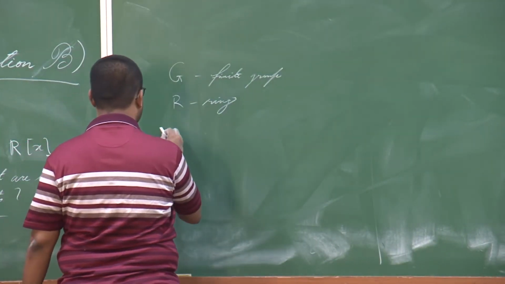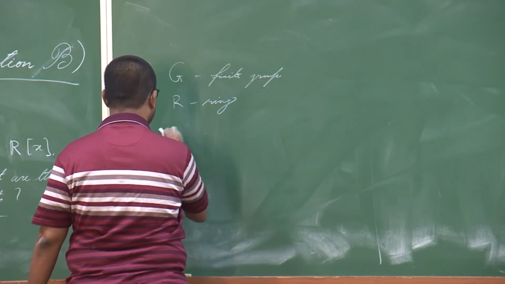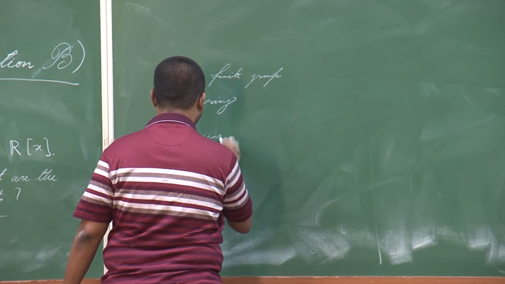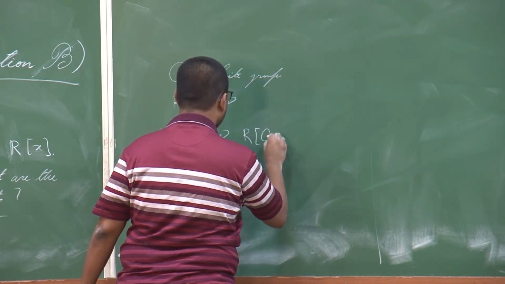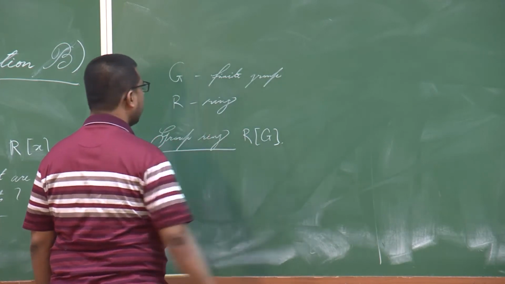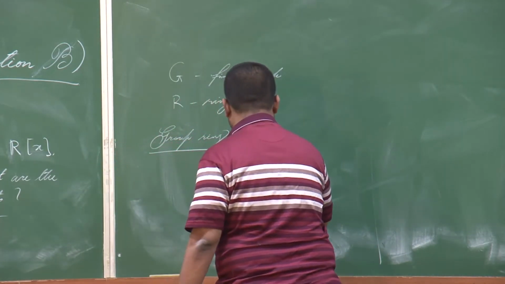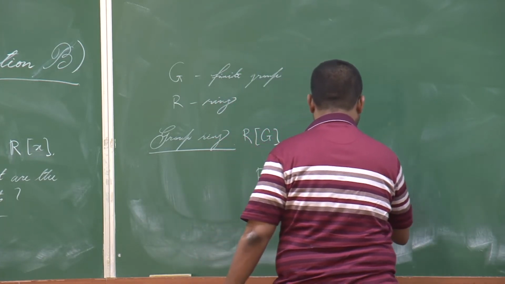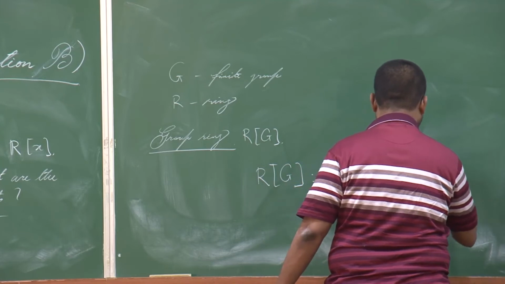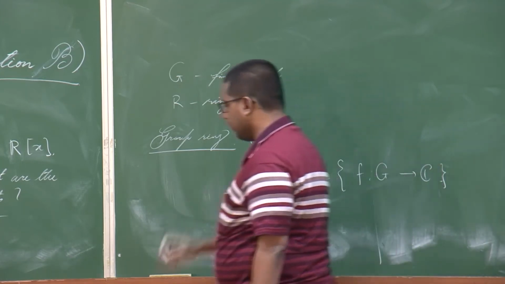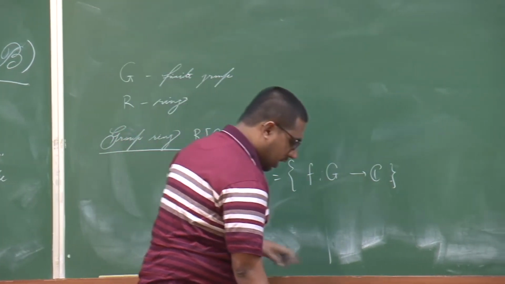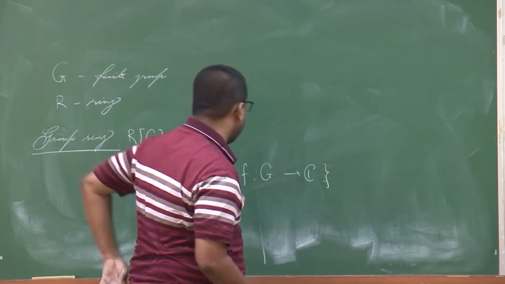We are going to construct something called the group ring RG. So what is RG? RG is, first of all, formally, all functions from G to C. Since G is finite, we will have another useful way to represent a function.